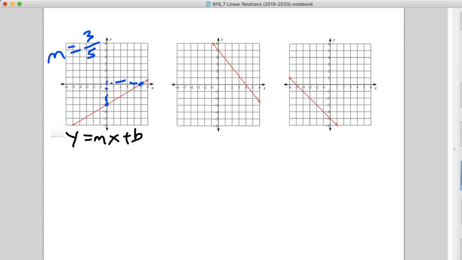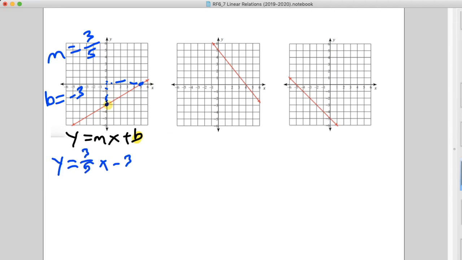And then our b value, of course, is going to come straight from that point right there. We know that b is equal to a negative 3. So I'm going to slot that right in. So y is equal to 3 over 5x minus 3. You can see here that our issue is that we have a fraction, and we want to get rid of that fraction.